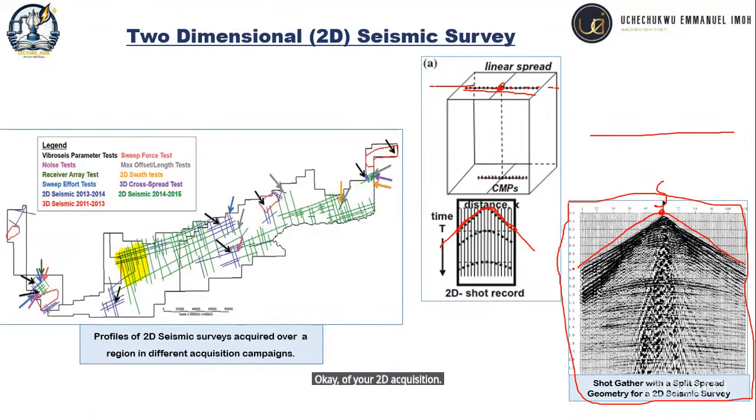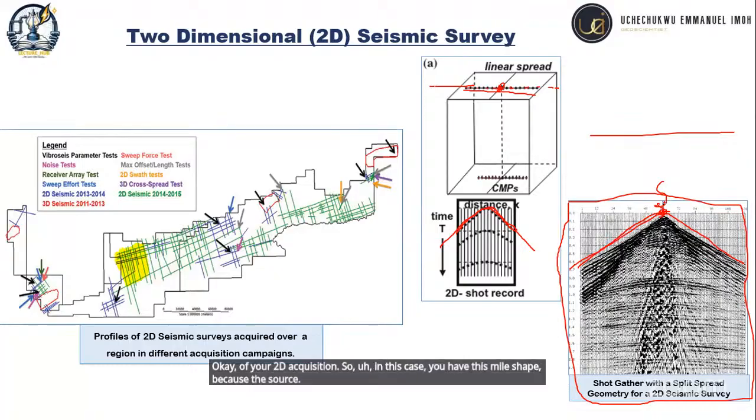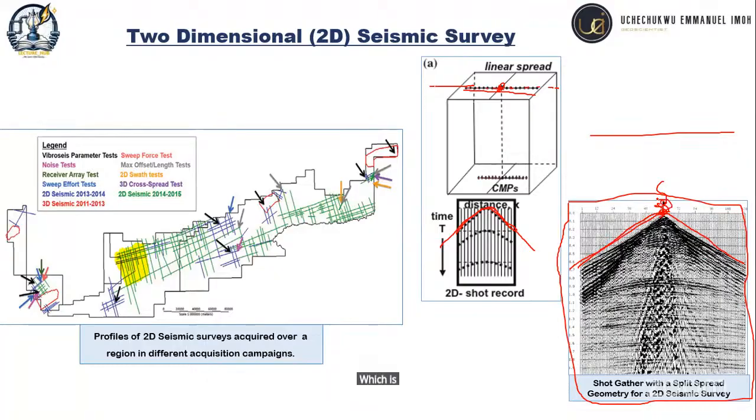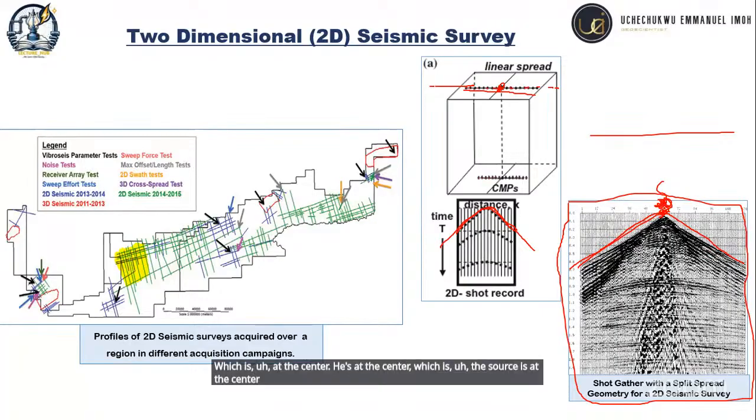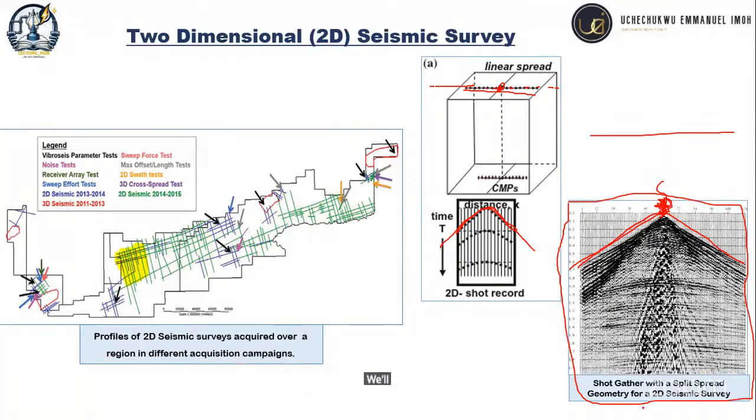So as you skip from shot to shot, you keep getting shot gathers that look just like what you have on the screen.